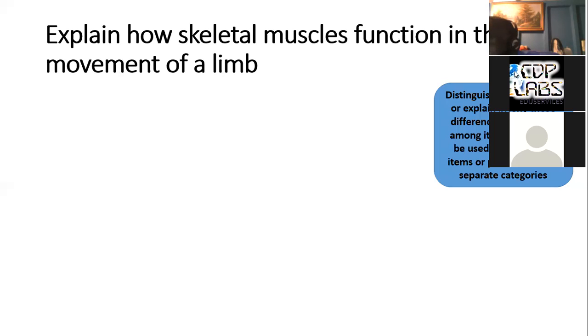What one word comes to mind? Anybody? It moves. How does it move? The skeletal muscle helps the movement of the limb. No. Explain how skeletal muscles function in the movement of a limb.